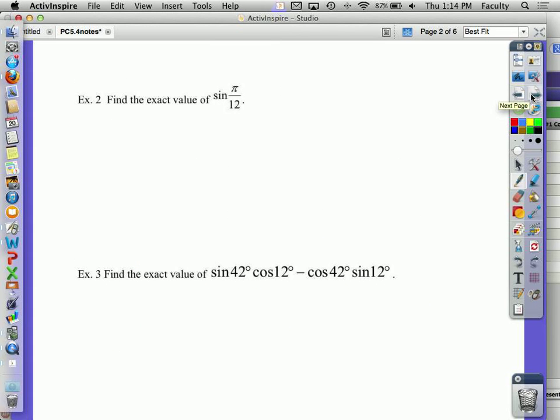All right, let's look at example 2. It says find the exact value of sine pi over 12. Now this is in radians, and I want you to see if you can do some kind of addition or subtraction. And I'll tell you it needs to be subtraction. It's a unit circle subtraction that produces pi over 12.